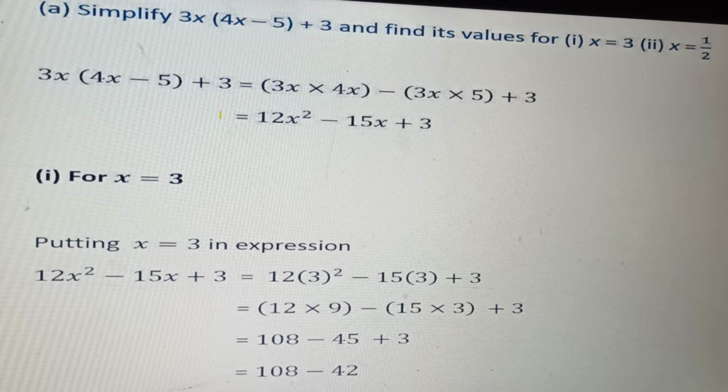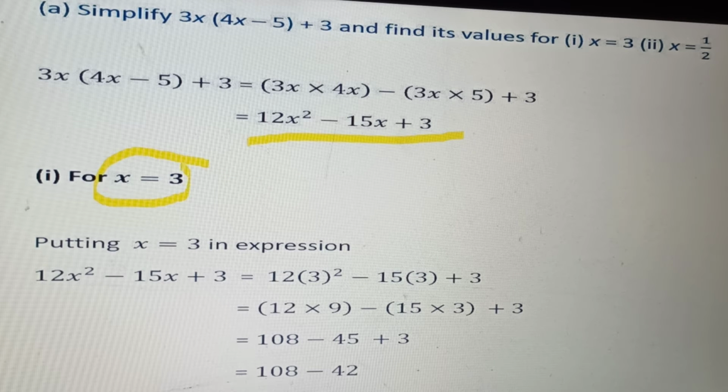Yes. Here they ask to simplify 3x into 4x minus 5 plus 3 and find its value for x equal to 3 and x equal to half. First we have to simplify this expression. Simplify means this term should be multiplied and written in this form. So 3x into 4x minus 3x into 5 plus 3. So we got 12x square minus 15x plus 3, and x equal to 3.